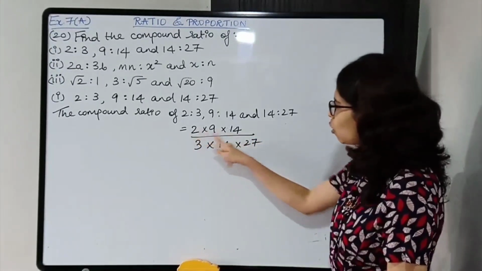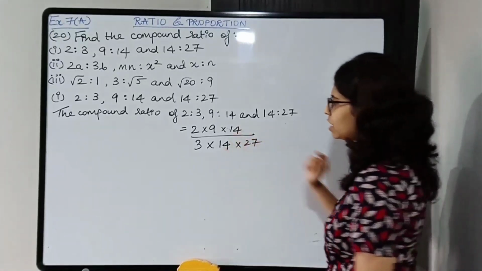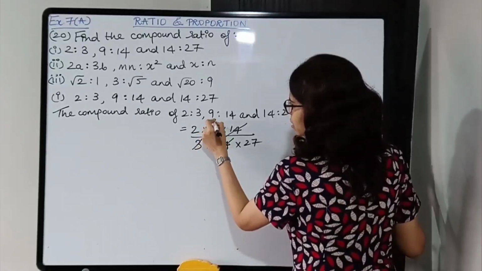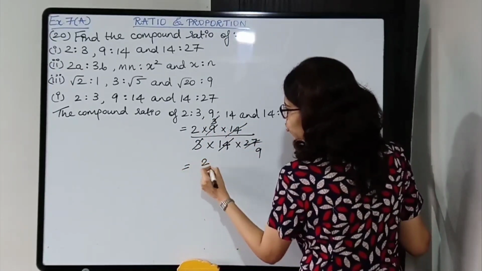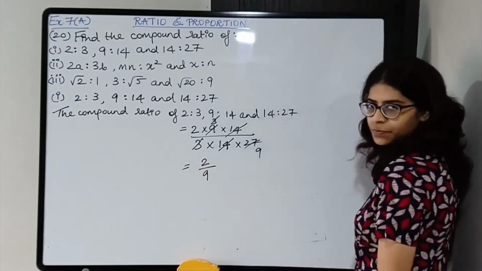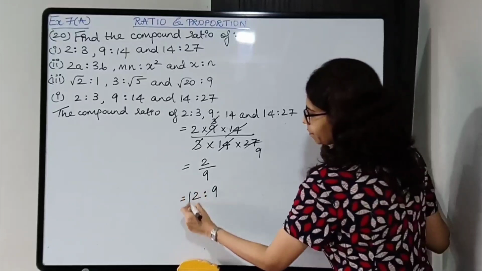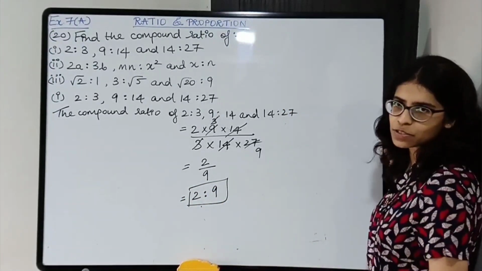Alright, so basically all numerators and then all the denominators you will multiply. Now see if anything is getting cancelled out. This gets cancelled out. 3 3s are, 3 9s are, so 2 upon 9, so that is nothing but 2:9. Box this.